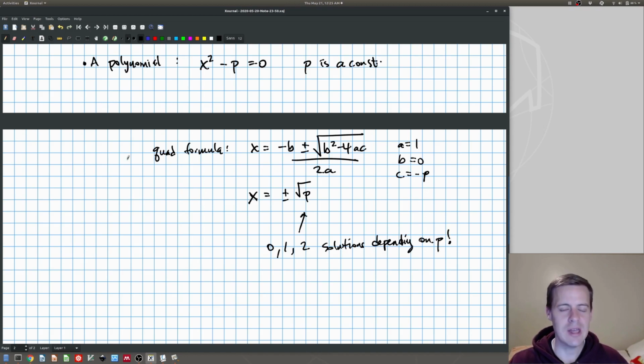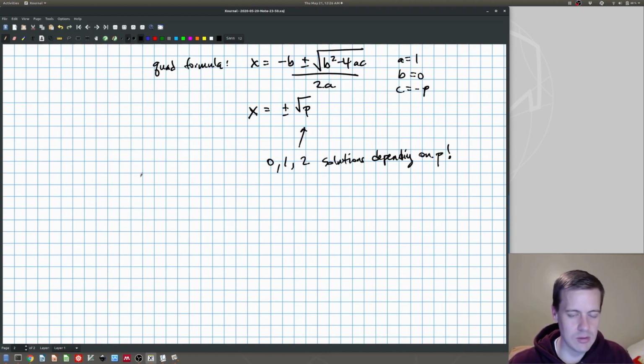So again, nonlinear equations are weird, they're hard. There are certain special cases, like a quadratic equation, that have direct solutions, that have a formula. But there are many that don't, and there's nothing we can really do about it. So I'm going to write that down just to remind us.